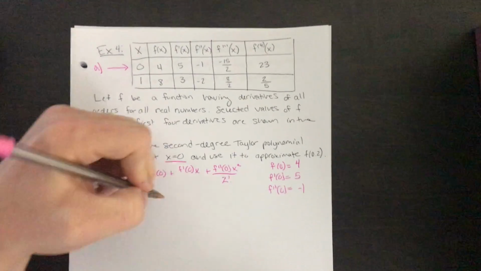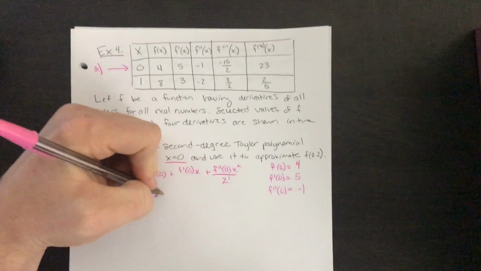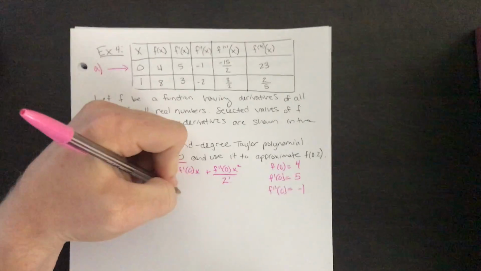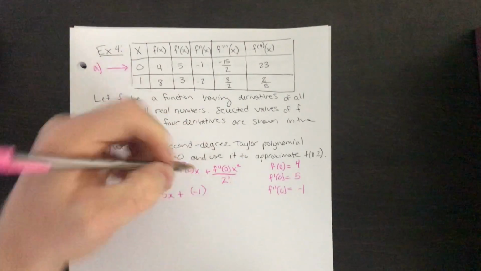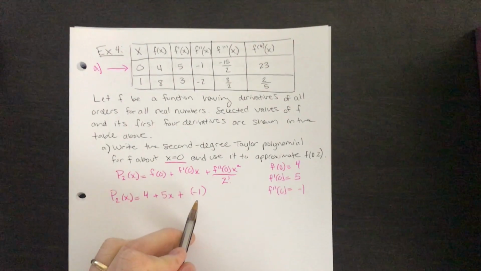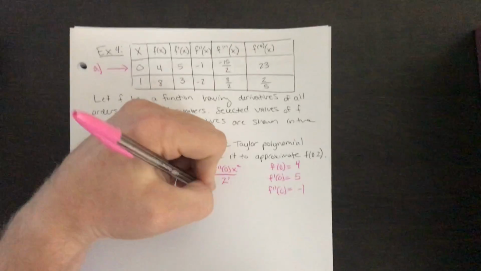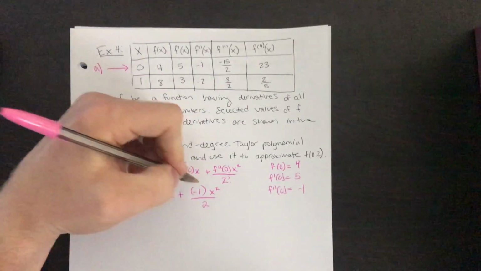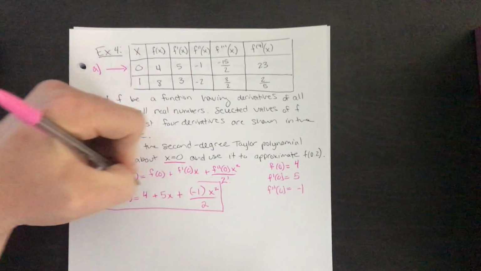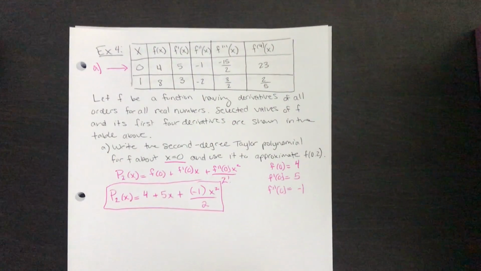f of 0 was once again 4. f prime of 0 was 5. Don't forget your x. f double prime of 0 is negative 1. Notice I wrote my plus sign before I put my minus. Doesn't matter. As long as you have the negative and don't lose it, you're good to go. And there you go. But don't get sidetracked in the middle of the problem.